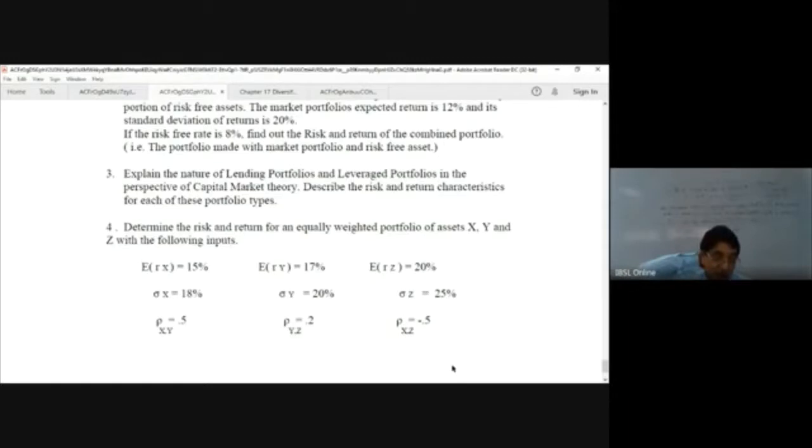So just do the calculation and arrive at the portfolio return. I expected you to do this at home, but you have not done it yet. Anyway, now you do it. That is very easy.